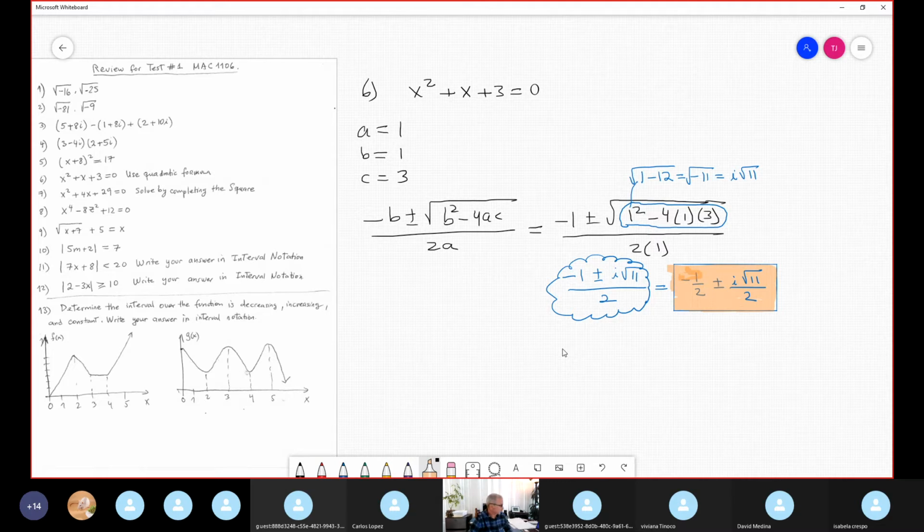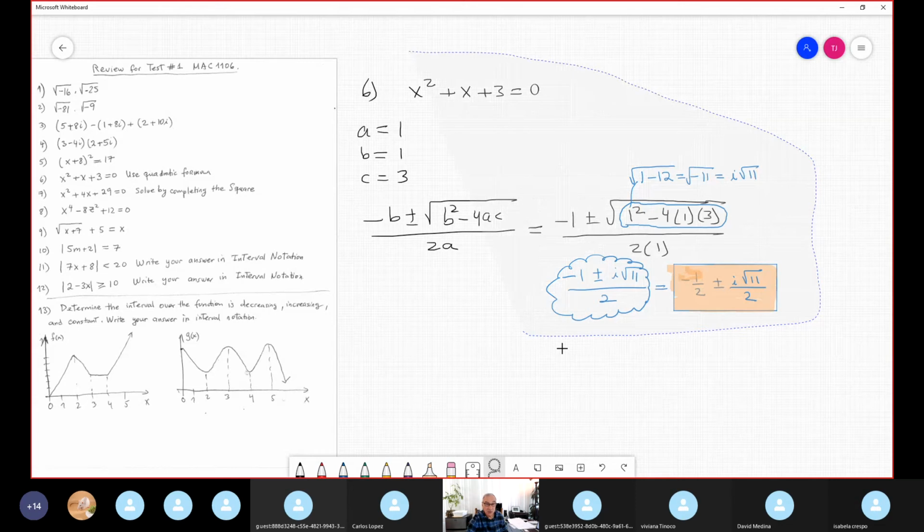And number 7, we have, again, the quadratic equation, but in this case, the test says, I need to solve by completing the square, no quadratic formula.